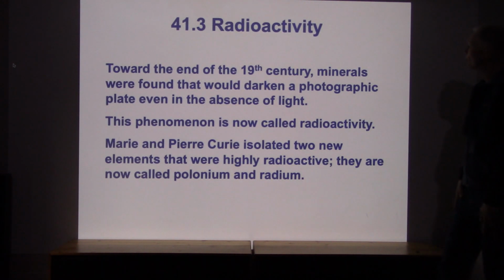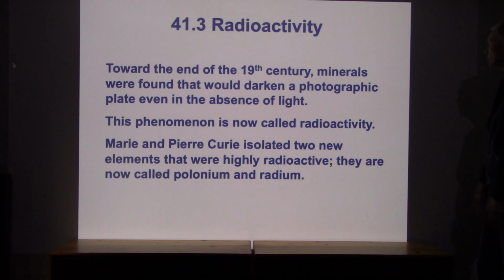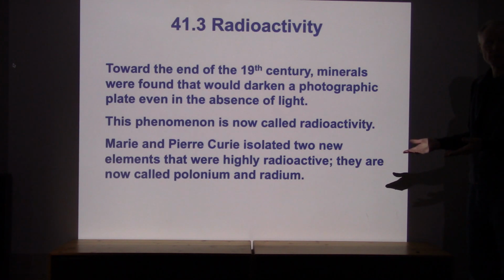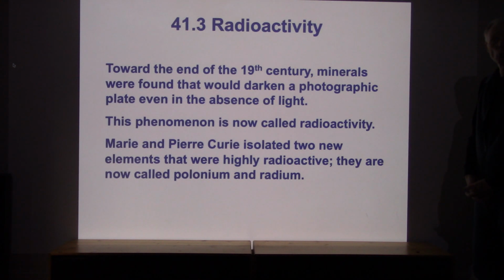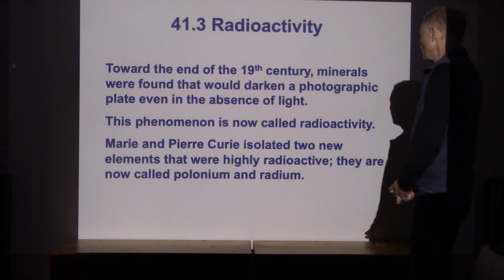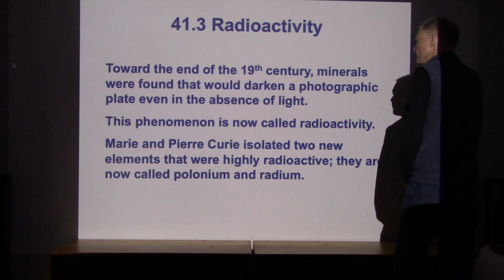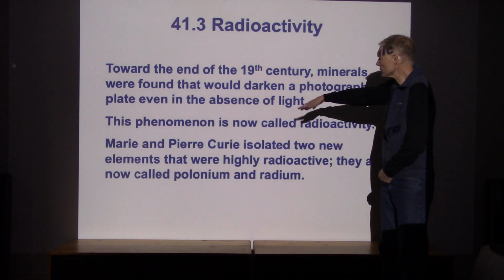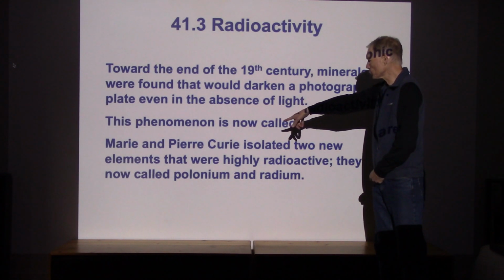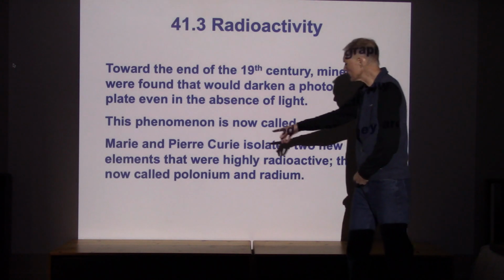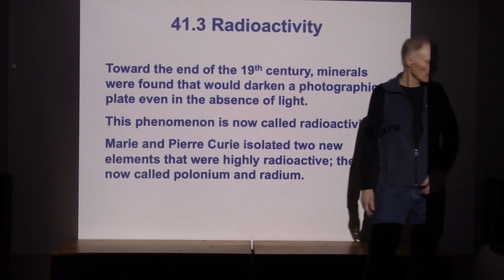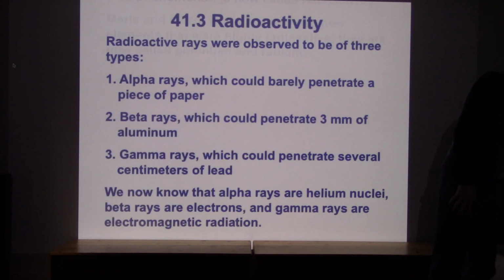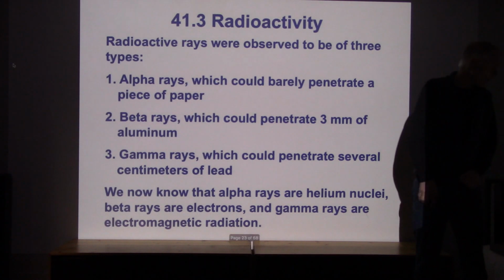So let's move on into radioactivity. We are now headed towards the questions of which isotopes are stable for an element and which isotopes are not stable for an element, and we can take a look at how those work. This is talking about Marie and Pierre Curie and the discovery of polonium and radium, elements that were radioactive.